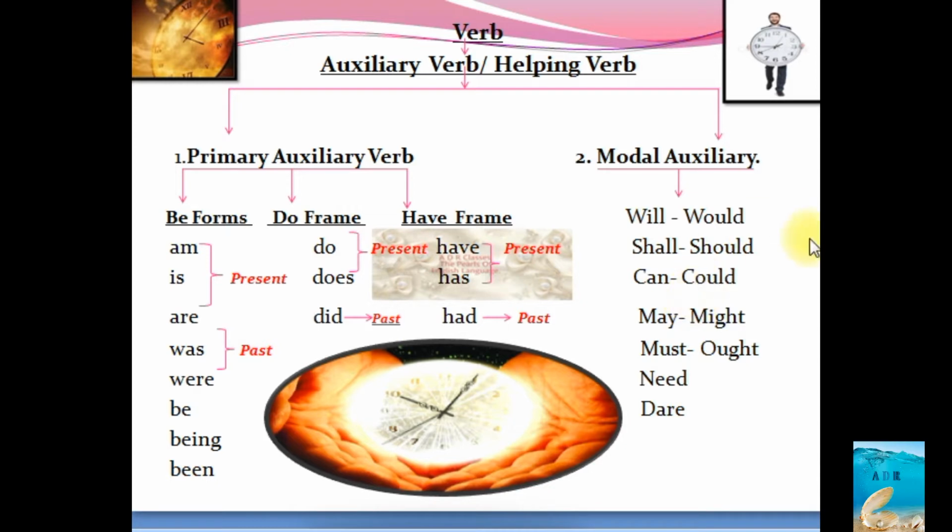See, the first letters are the same: will, would, shall, should. It is quite easy to remember, isn't it? Will, would, shall, should, can, could, may, might, must, ought, need, dare. Some books skip need and dare, and some grammar books include these concepts, so I have used those in this chart as well.